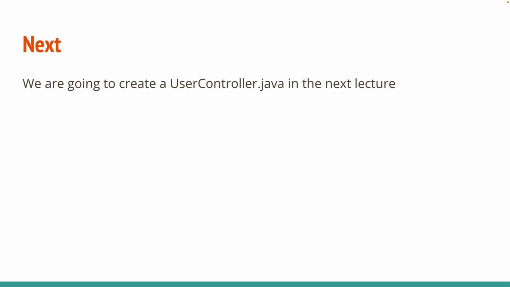So what's next? We are going to create a UserController.java class in the next lecture, and we are going to create also a model User, and we can start to add all the annotations that I showed you: @GetMapping, @PostMapping, @PutMapping, @DeleteMapping.